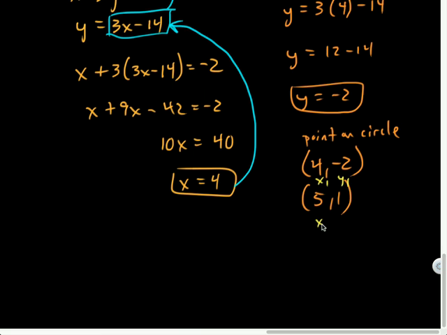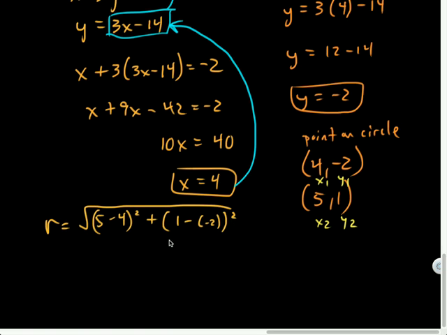So let's distance this. x1, y1, x2, y2. So here we go. Distance, or radius in my case, is equal to the square root of (5 minus 4) squared plus (1 minus a negative 2) squared, which is the square root of 1 squared plus 3 squared.